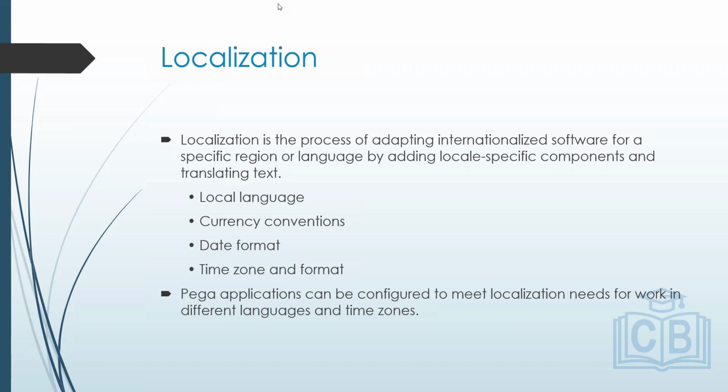So considering the people's or the locale specific aspects, like maybe date formats could be there, or time zones, or maybe currency related entities could be there. So these things have to be specific to the geography or specific to the locale, right?